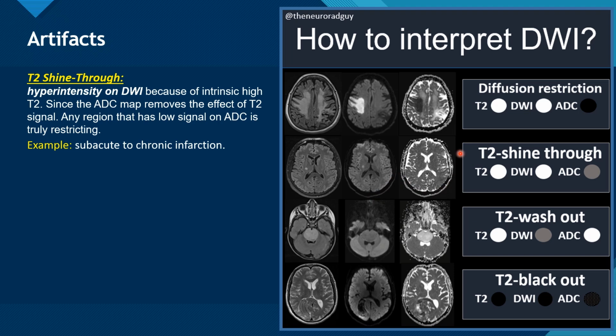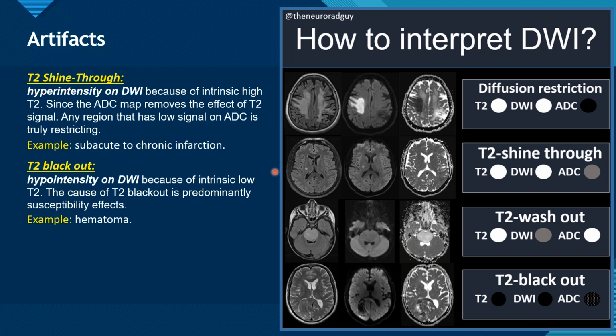However, when we go to our ADC, we do not find this high signal within the ADC map. Why? Because the ADC map is a true reflection of the amount of diffusion within the tissue. And here we find that this amount of diffusion is almost equal to the regular plain parenchyma. So this is not an area of true diffusion restriction, and it is just the effect of the T2 shine-through.